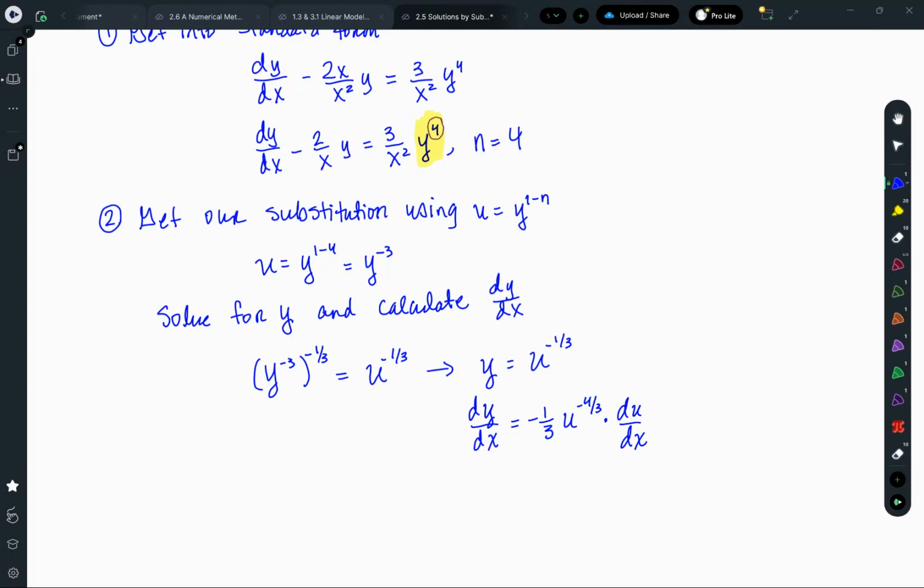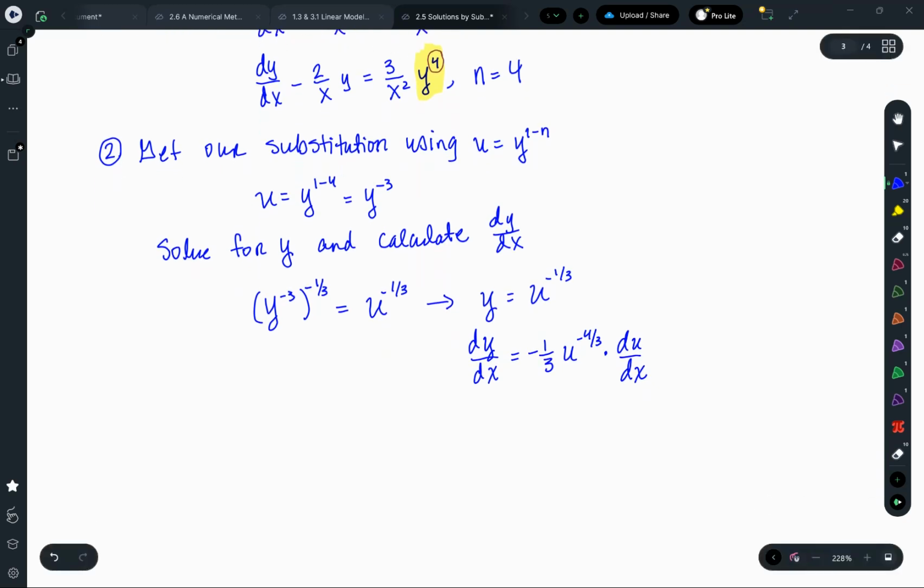Okay? So y is not pretty and dy/dx is not pretty, but I promise you when it all simplifies out with the algebra done, it makes everything look pretty good. So I'm leaving at the very top of our screen the original differential equation in standard form, and I'll replace all y's with u to the negative 1/3 and the dy/dx with this negative 1/3 u to the negative 4/3 times du/dx. Let's do it.